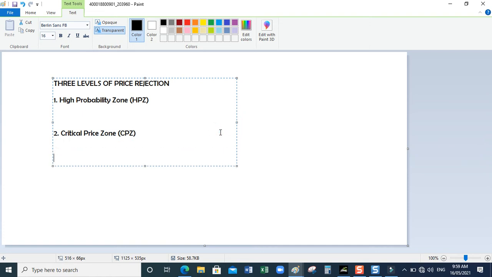Then three, we have the equilibrium, that is the area of equality between demand and supply, between buy and sell. Equilibrium level.